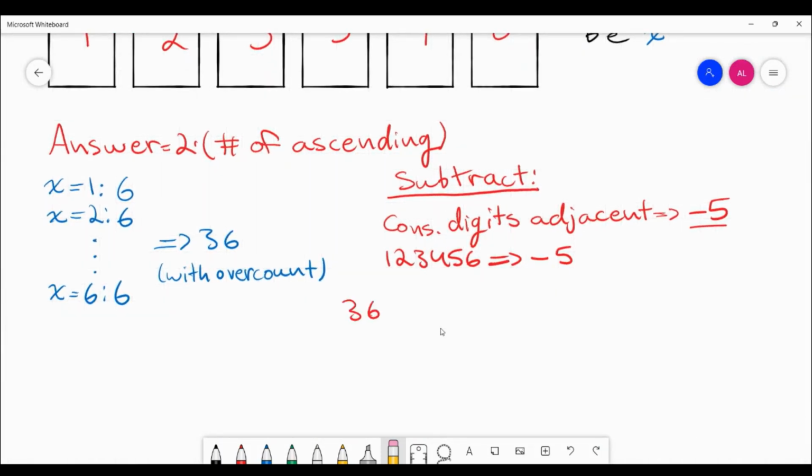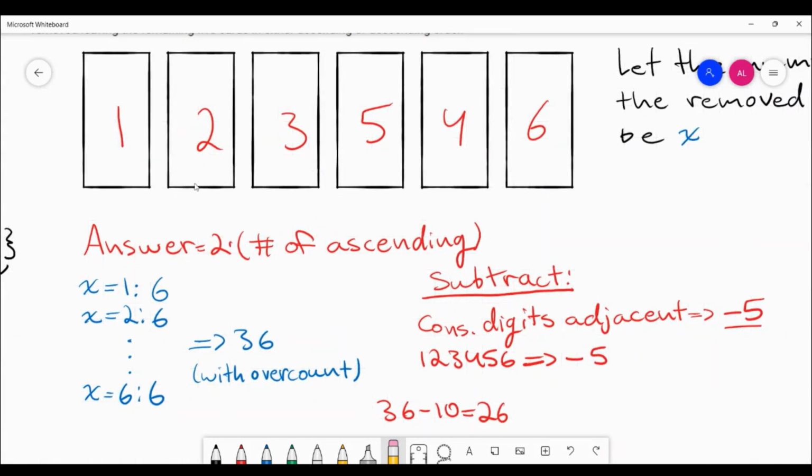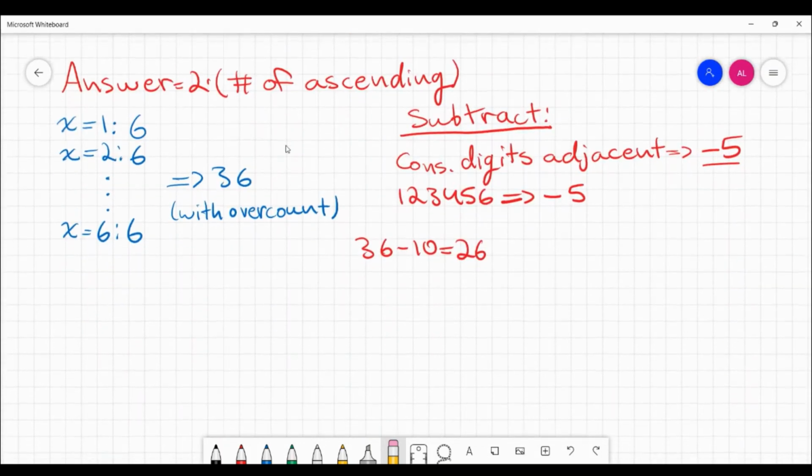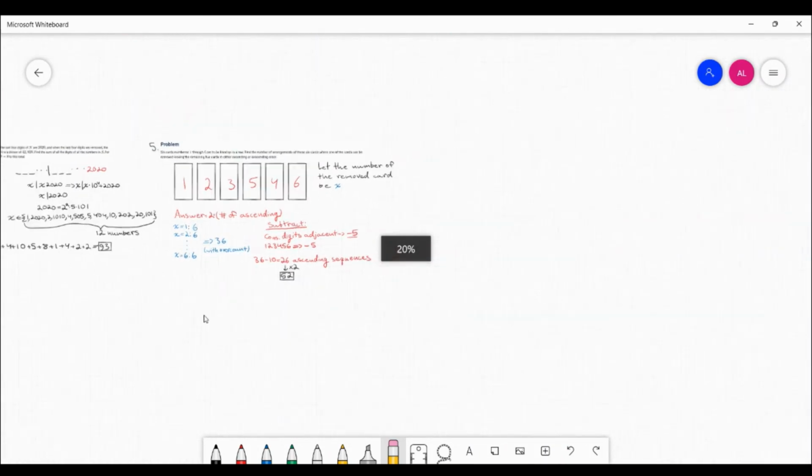In total, we have to subtract 10 cases that we overcounted. And so the number of sequences such that when you remove one of the cards, the resulting cards are in ascending order is 26. But remember, we have to multiply that by 2. And so we get that the answer is 52 different arrangements.